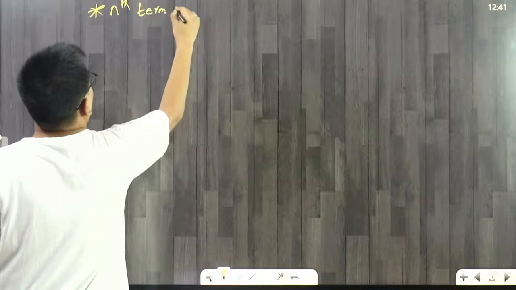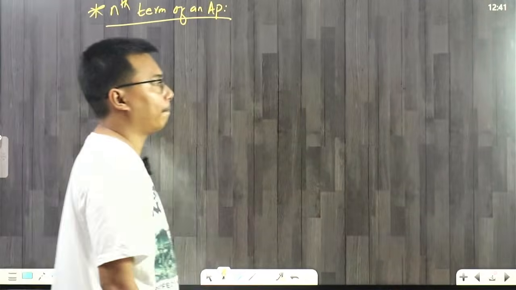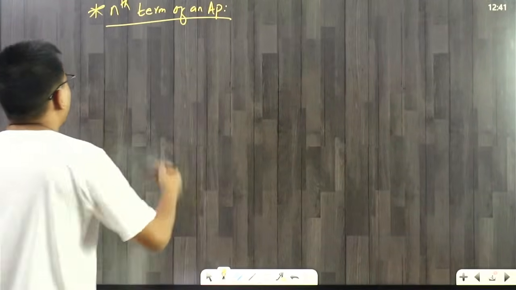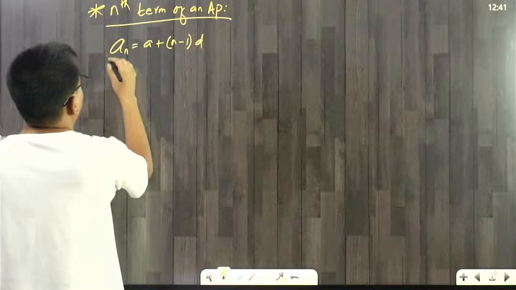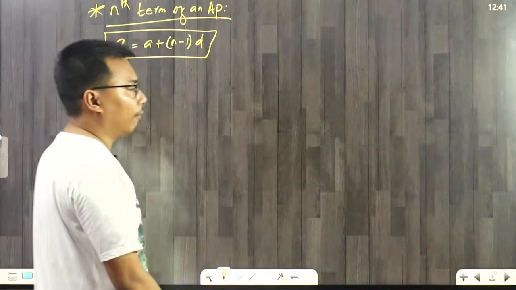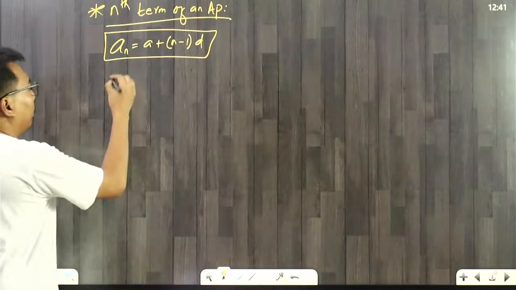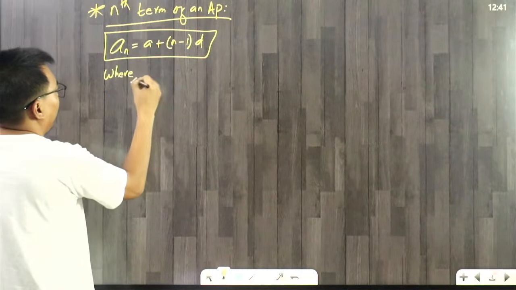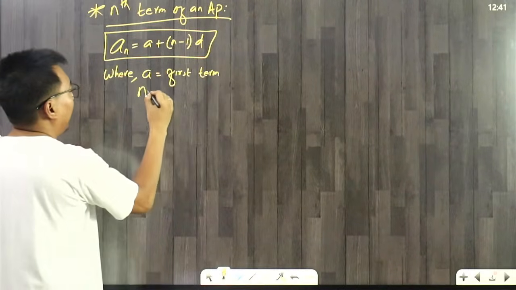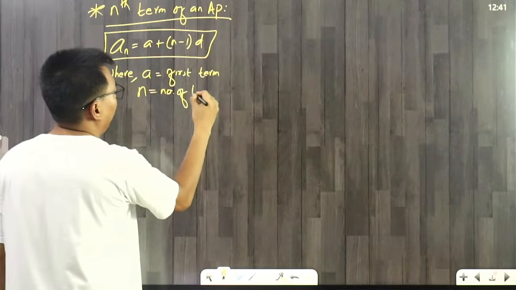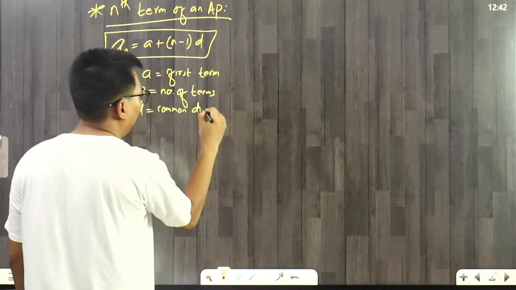Now, let's learn about the nth term of an AP. Let's start with a formula. This is a general formula to find the nth term of an AP, where A represents the first term, N is the number of terms, and D is called the common difference.